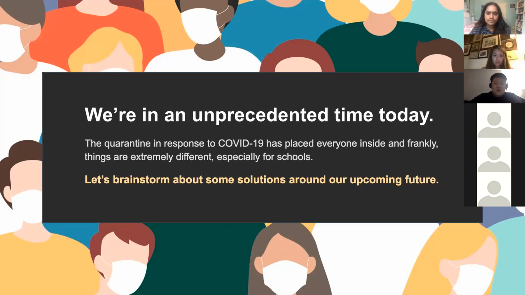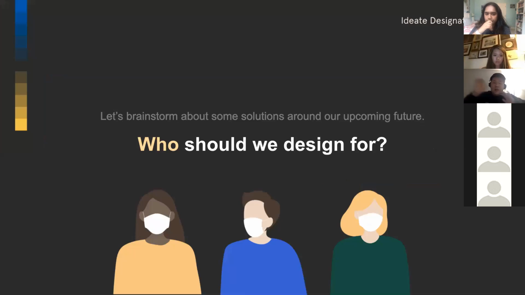Cool, and we are back. So let's take the next 30 seconds within your team to vote on one specific audience to design for. You might have come up with like 10 or 20-ish people that you could think of.